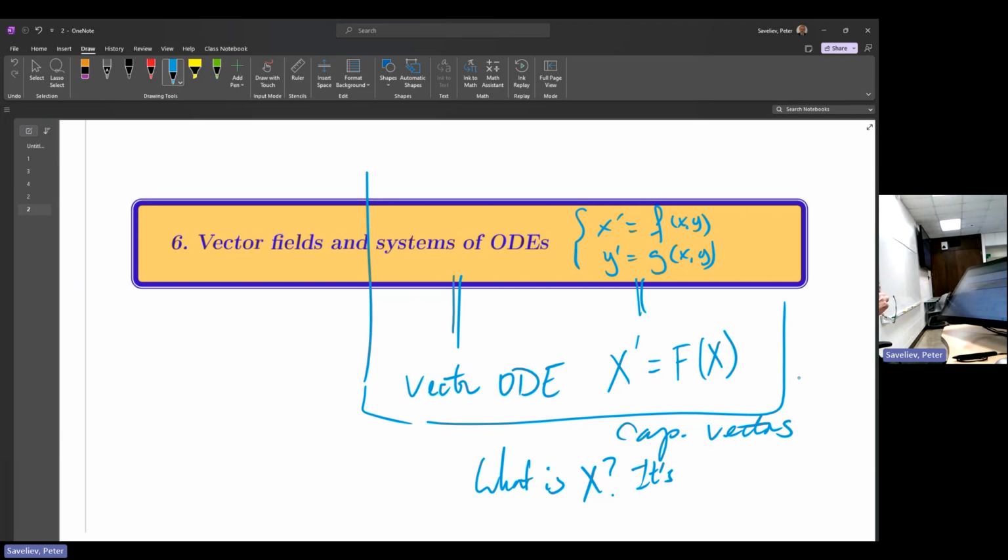Is it a vector really, or what? It's not a vector, because otherwise I wouldn't have X prime. What's X prime?